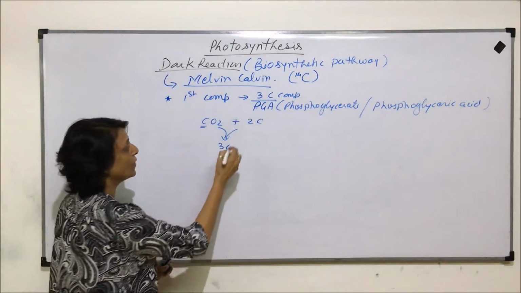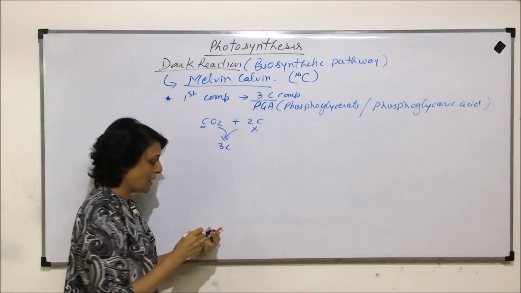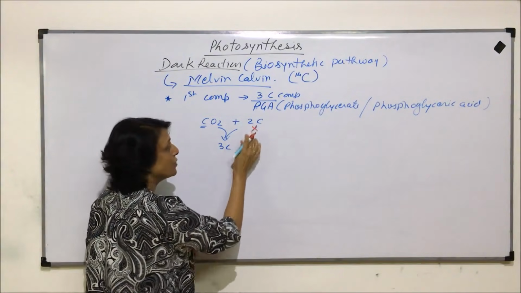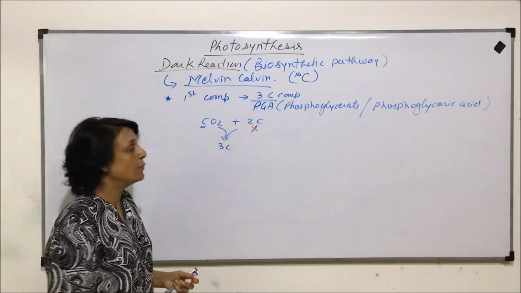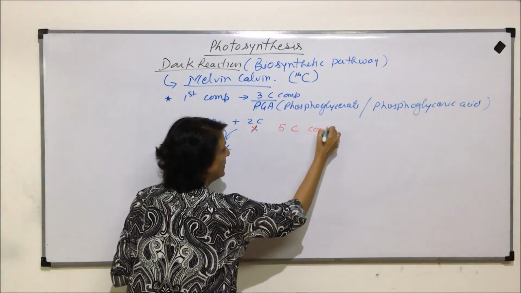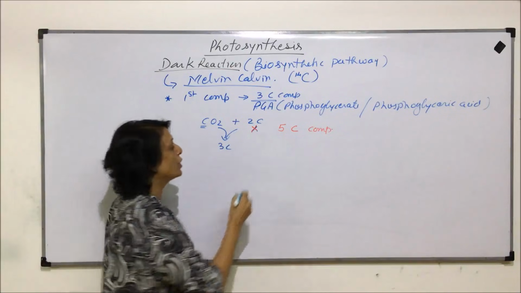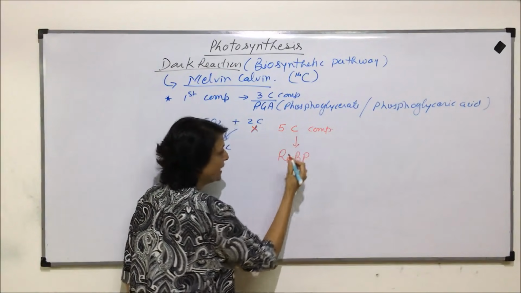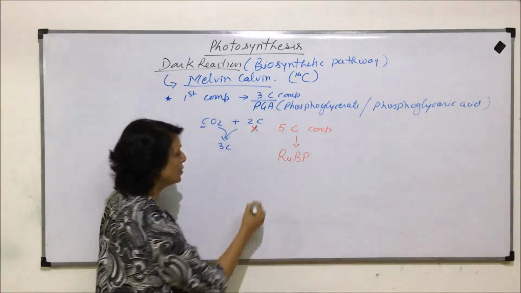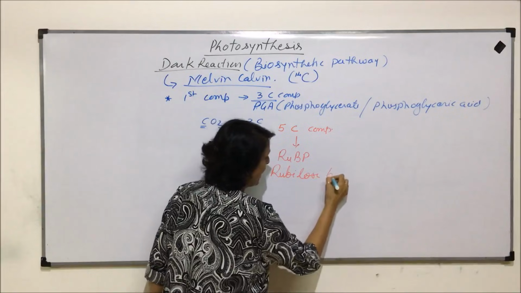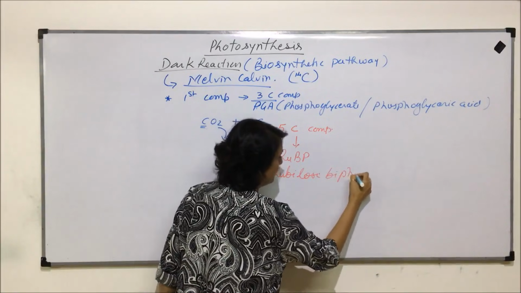But later on they found out that the compound which accepts carbon dioxide is not a 2-carbon compound. It is actually a 5-carbon compound. And this compound was found to be RUBP, that is rubulose biphosphate.